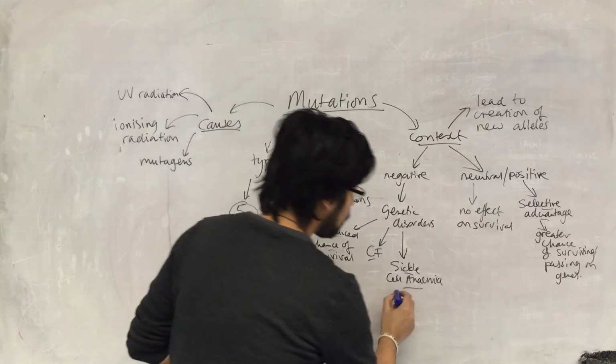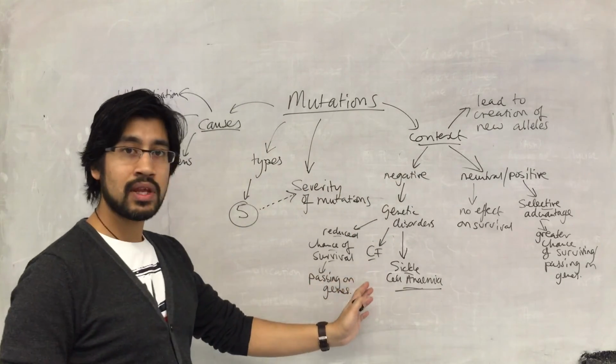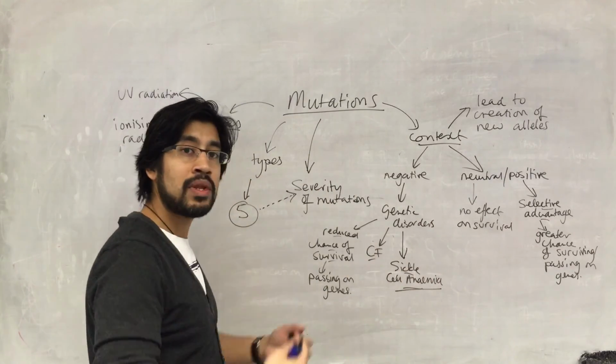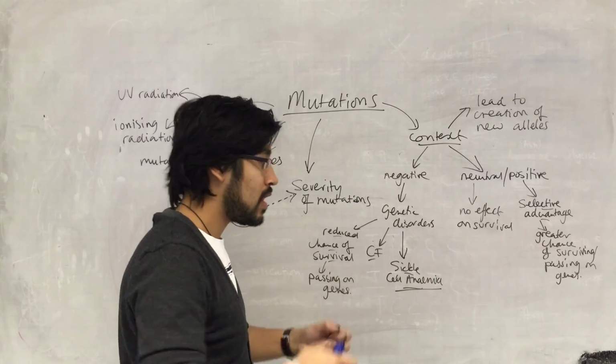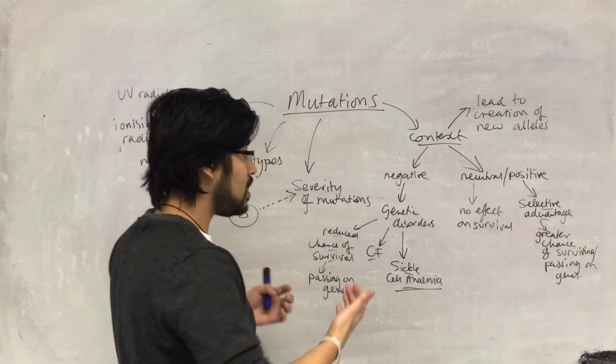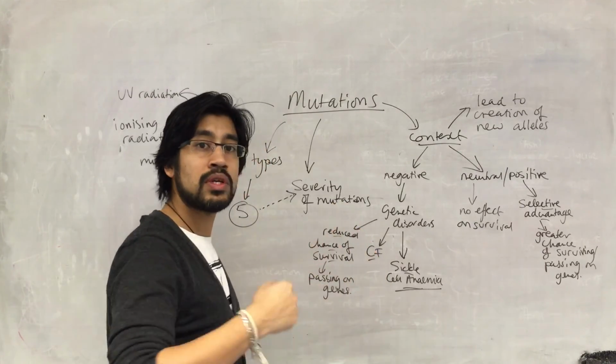For example, the mutation that leads to sickle cell anemia, we've talked about it briefly, and overall it looks like the hemoglobin is less well adapted at doing its job, i.e. it's not so good at transporting oxygen.